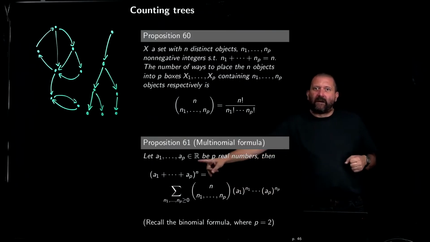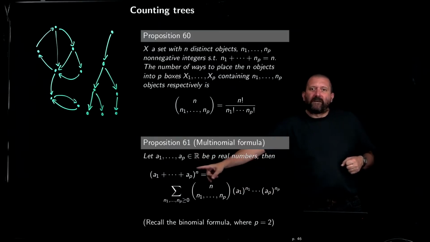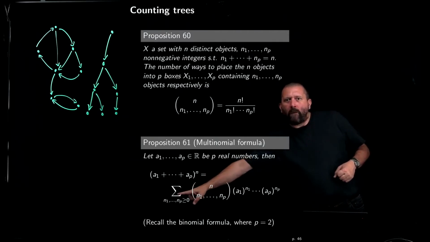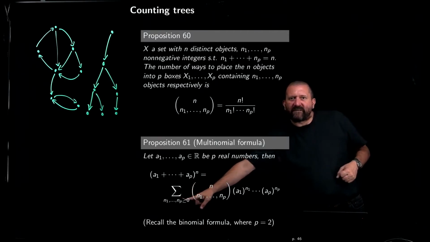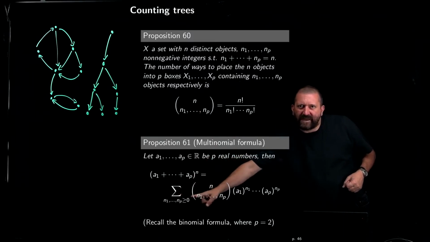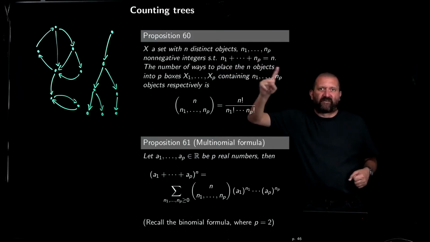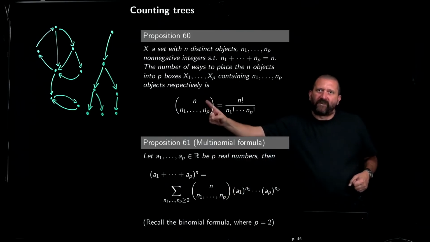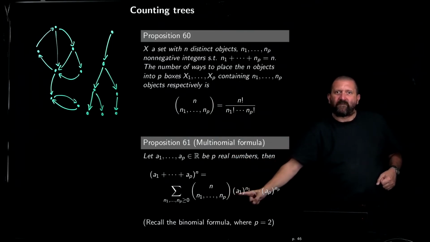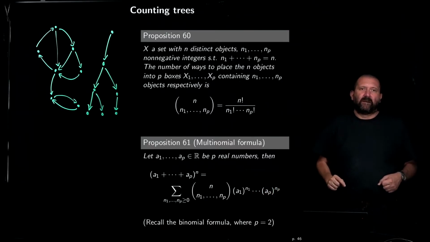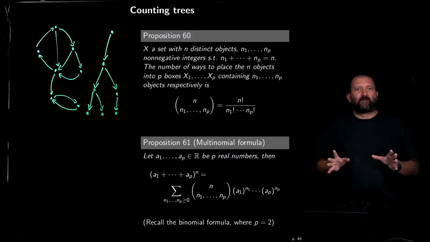If I have real numbers a1 to ap, then the sum a1 to ap to the power n is given by the sum over all possible combinations like this, where the n1 to np sum to n, exactly like here. So all the sums of these values times a1 to the n1 all the way to ap to the np.